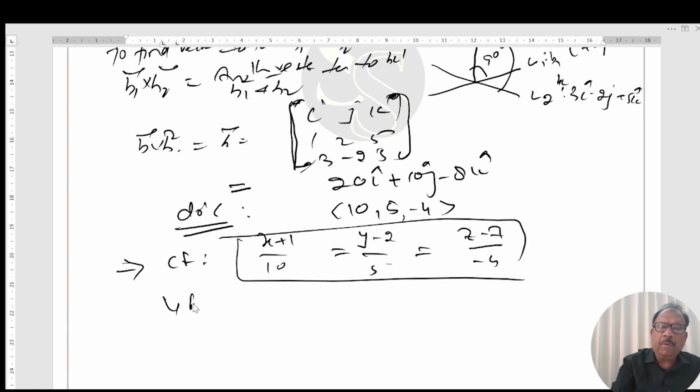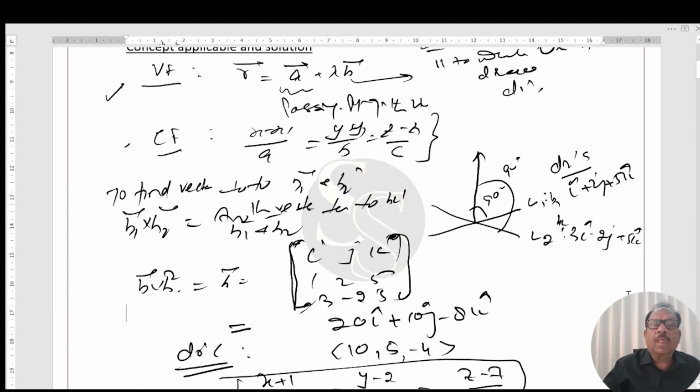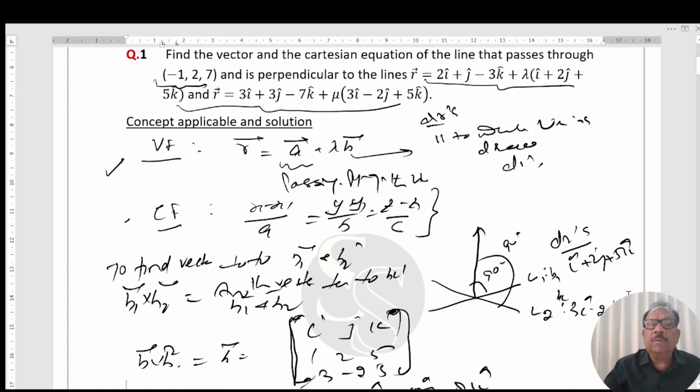And vector form will be r equal to minus i plus 2j plus 7k plus lambda times (10i plus 5j minus 4k). This is the answer.